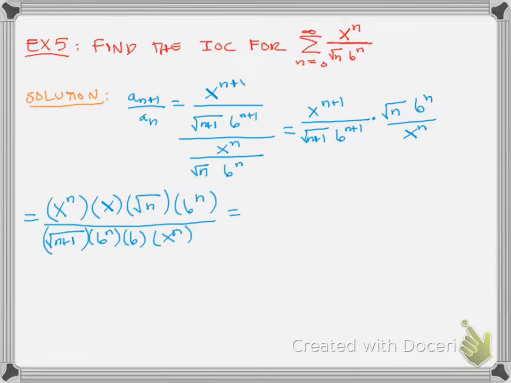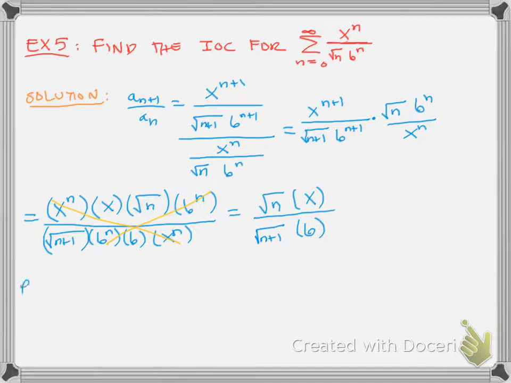All right, and so let's see what factors off. Our 6 to the n's will factor off, our x to the n's will factor off, and we will be left with in the numerator the square root of n times x, all over square root of n plus 1 times 6. Okay, and so this is as far as we can go now.